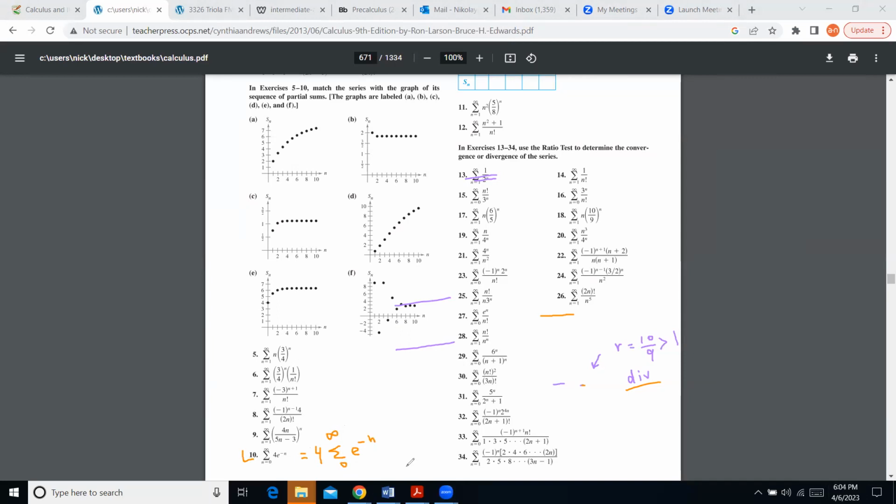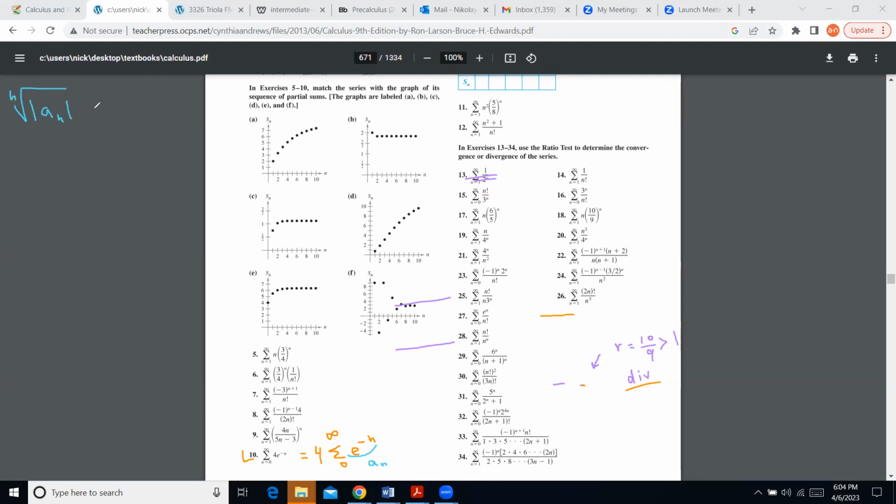Well, it looks like I can utilize the nth root test because I have a term that is raised to the power of n. So why don't I see what the nth root of the nth term is going to be? Is it less than 1, or greater?